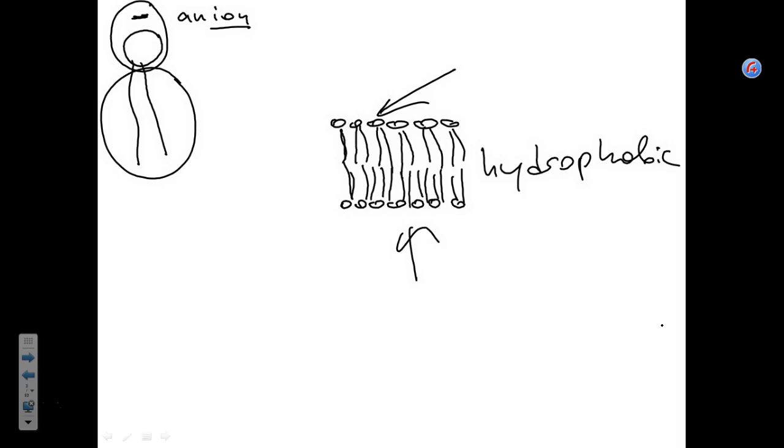Now, typical question. Which molecules can cross the membrane? Hydrophilic or hydrophobic? Directly, I mean. Hydrophobic. It's not enough just to get in touch. You have to get all the way through. And only if you can interact with that hydrophobic layer inside, you can get through.